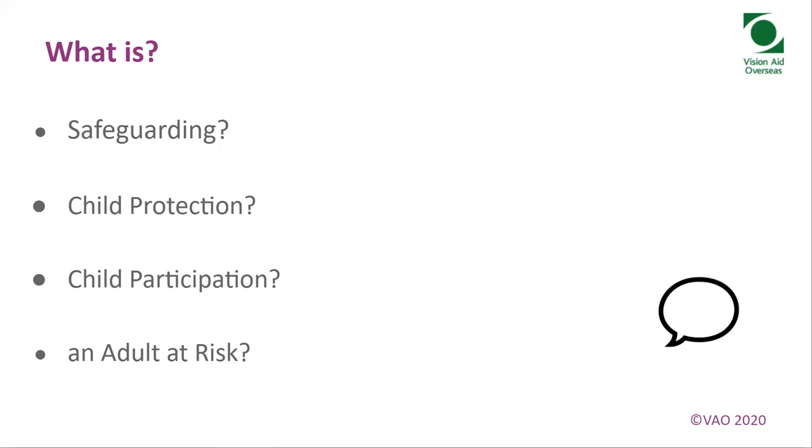In the next few slides, we will be looking at what the terms safeguarding, child protection, child participation, and adult at risk mean. Again, you should hold your own group discussion to learn from each other and understand better.